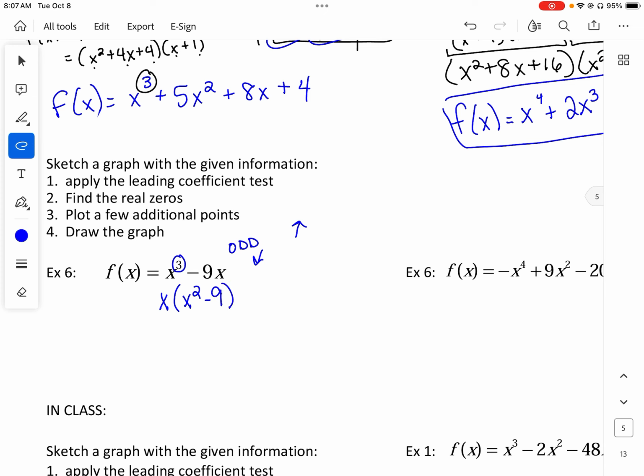So we have a zero at 0. And then this can be broken up into x plus 3, x minus 3. So we have a zero of negative 3 and a zero of positive 3. So we did our leading coefficient test to determine end behavior, how it's going to look.